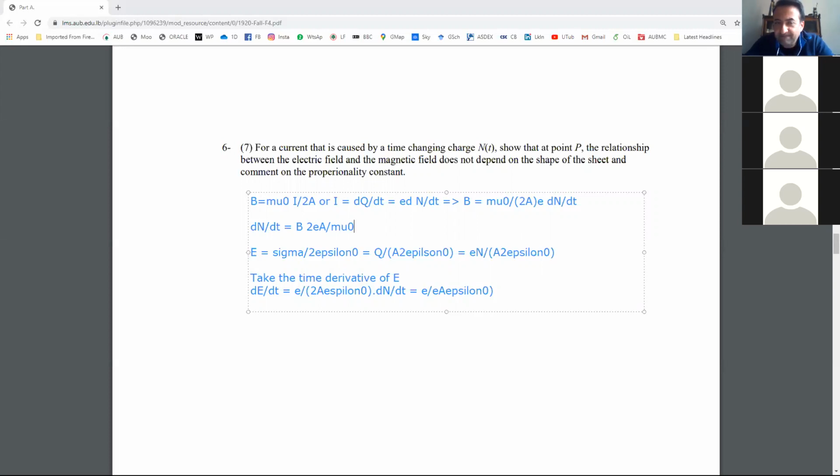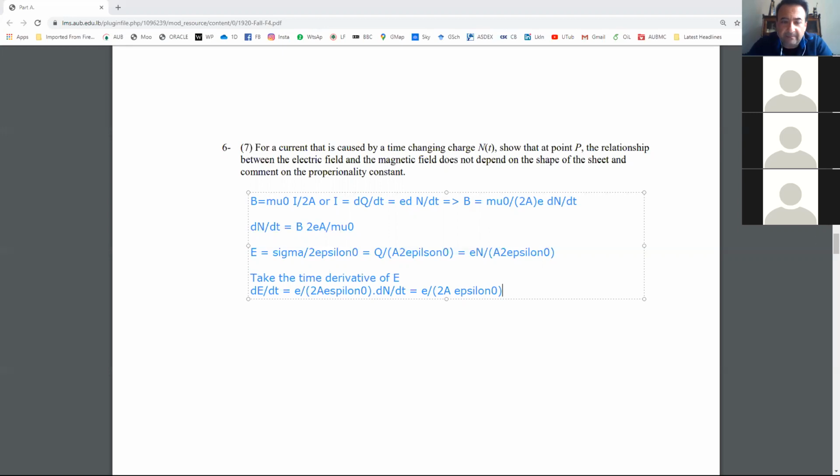Okay? Everyone's following? So what did I write here? Then this is equal to e over 2A epsilon 0 multiplied by dN over dt.